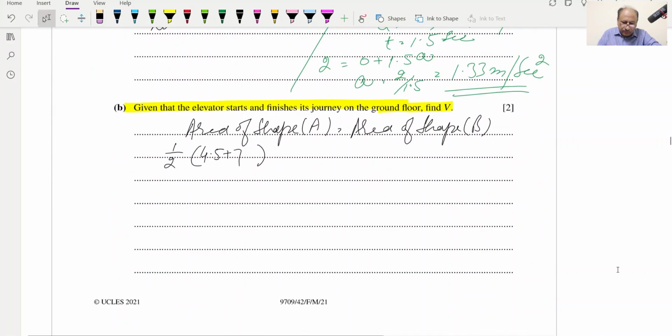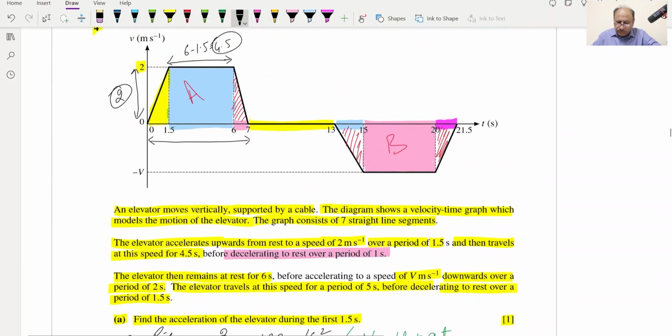So we multiply it with 2, and this will be equal to the other shape, which is half into base into height. Base is, opposite sides, a plus b. So this is 5, and the total length, this one, will be 8.5 meters, and this one 5 meters.